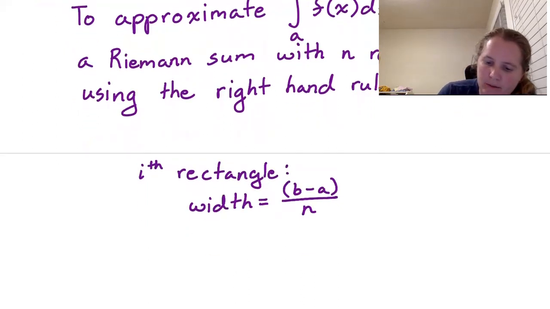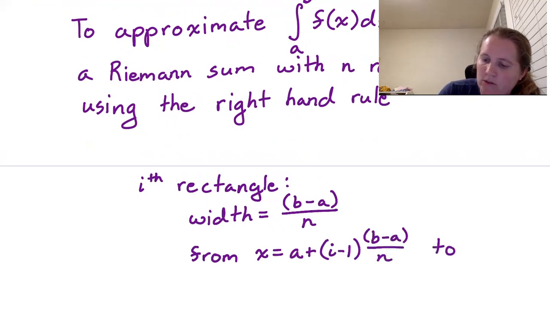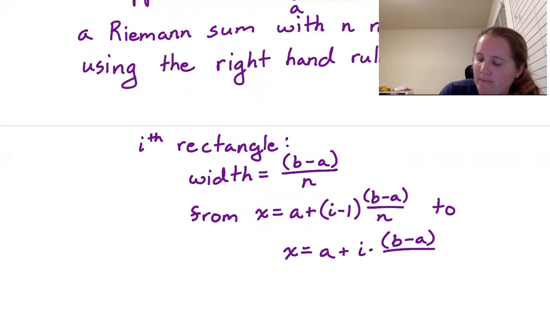x will go from x equals a plus i-1 times this b minus a over n to x equals a plus i times b minus a over n.